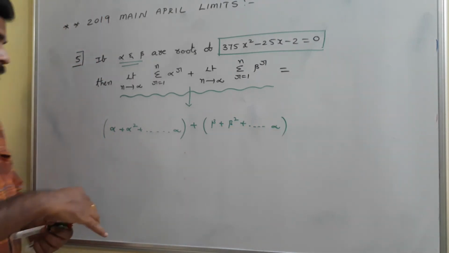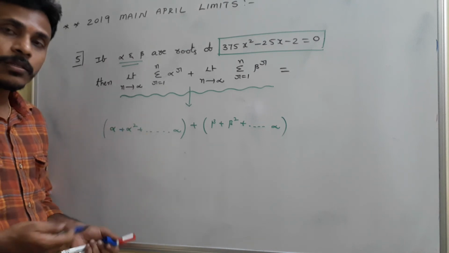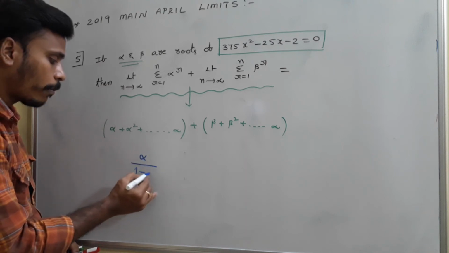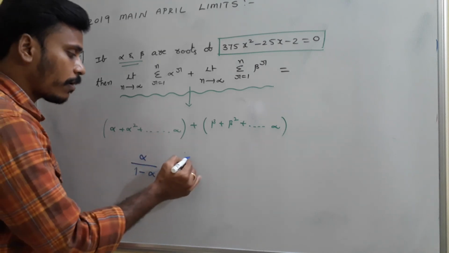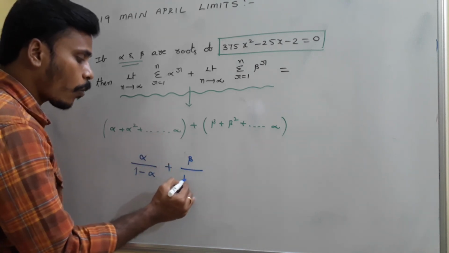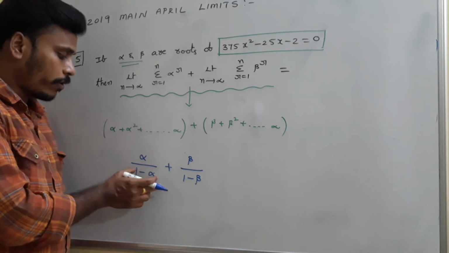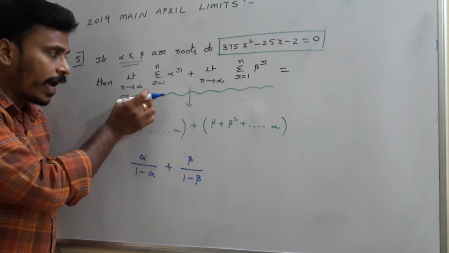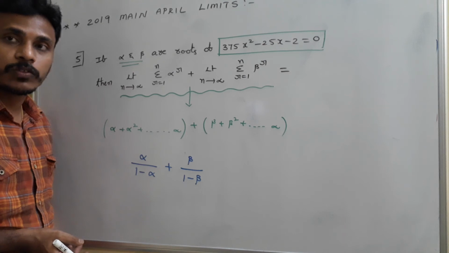Just have a look, sum of infinite terms of the format alpha, alpha square and so on. See, sum of infinite terms is the first term alpha divided by 1 minus common ratio alpha, plus first term beta divided by 1 minus common ratio beta. This is the sum of infinite terms of GP formula, and before that we analyzed this as the sum of infinite terms of alpha, alpha square like that.